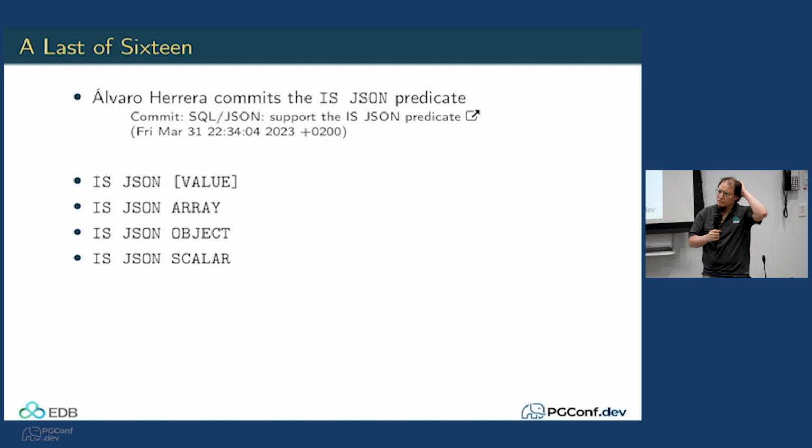And so that was the first patch that I committed. Then just before Postgres 16 closed, I committed the IS JSON predicate on March 31. Exactly one week before the commit fest closed, and it contained the IS JSON predicate.